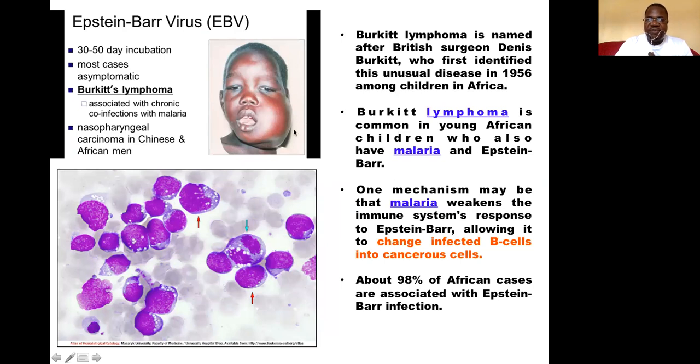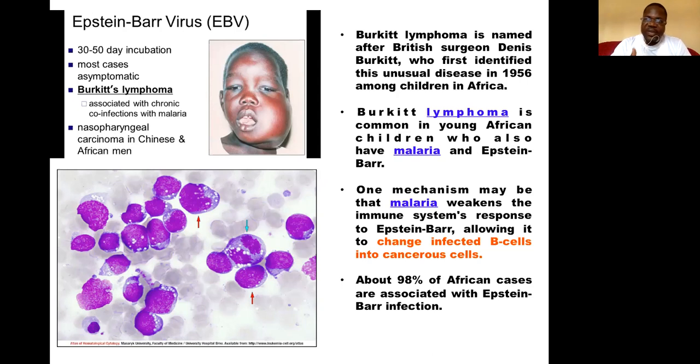So Burkitt lymphoma was named after a British surgeon called Dennis Burkitt, who was the first to discover this unusual condition among children in Africa. It was in 1956. And it's very common in young African children, and it is thought to have a relationship with malaria in Africa, especially in malaria endemic areas.